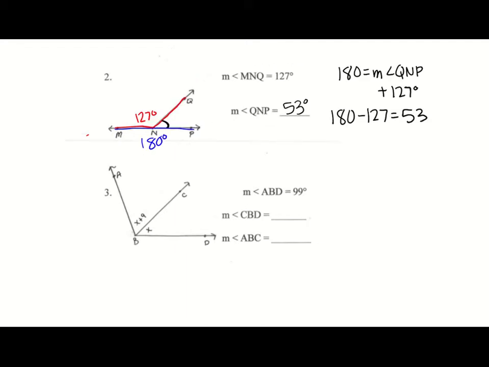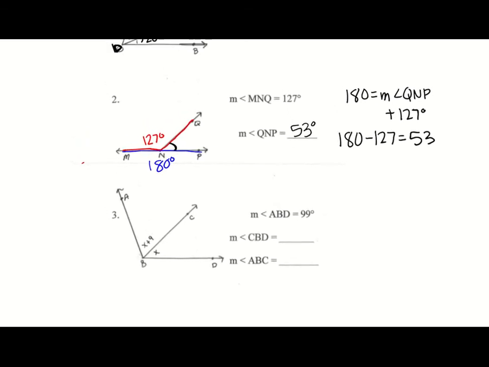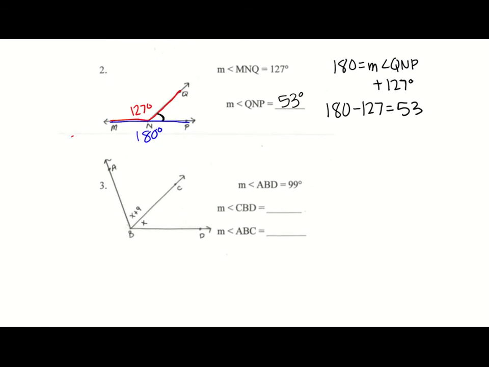Last example here we have is number 3. Our angle ABD is equal to 99 degrees. So if I label that ABD, that whole thing is 99 degrees.